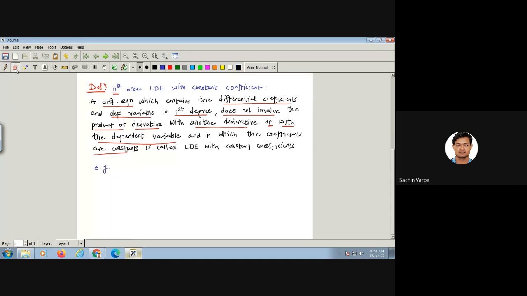So for example, let me write first of all the standard form of the differential equation. Mathematically, how do I write the differential equation of nth order?